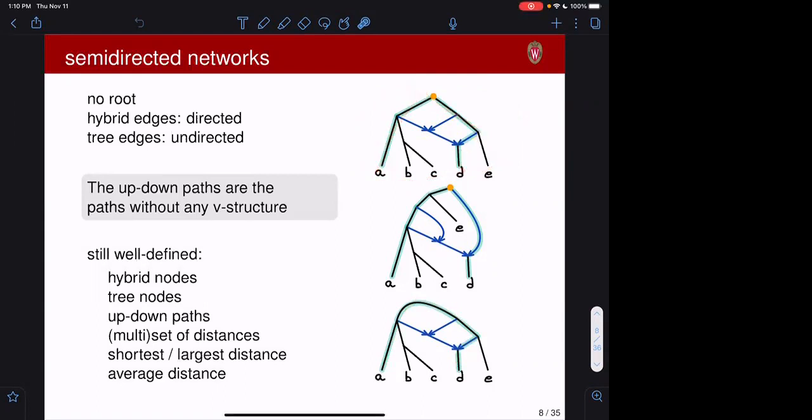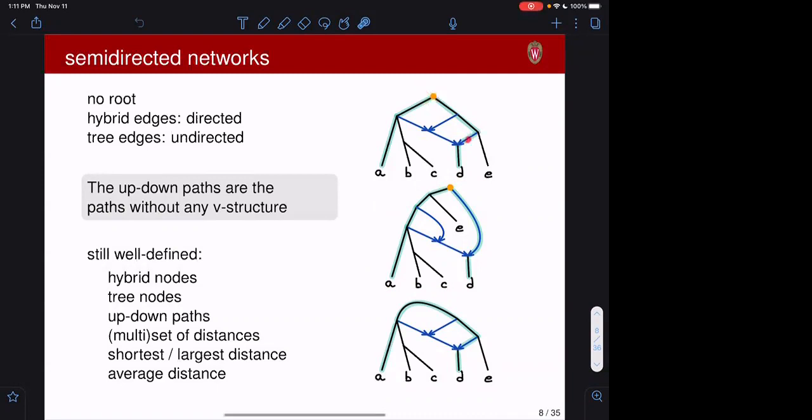And so what that means is that really the up-down paths don't depend on the root, and so all the distances we can consider on our network don't depend on the root either. So this is an example network where I changed the root position. Instead of being here, I placed it there, right?